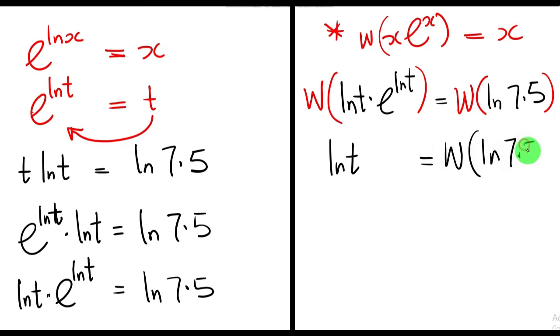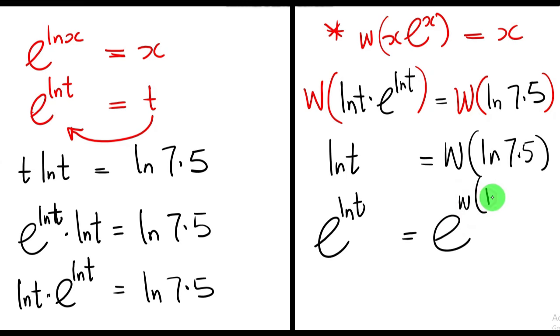The next thing to be eliminated from the left hand side is this ln, the natural log. I need to cancel that, and it is the exponential that's going to do the job for me. So I'm going to apply the exponential to both sides of the equation: exponential of ln t equals exponential of the W function of ln 7.5.